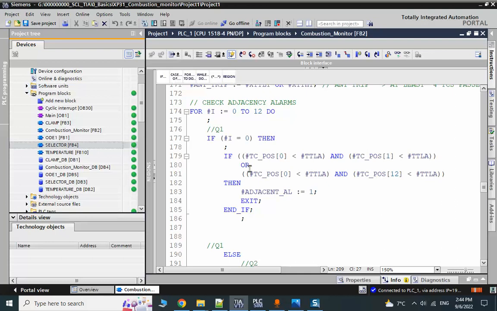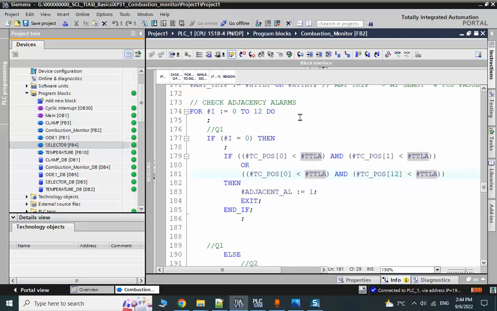We need to treat thermocouple number 0 and thermocouple number 12 differently, because they are adjacent in this example. It's a ring of thermocouples.